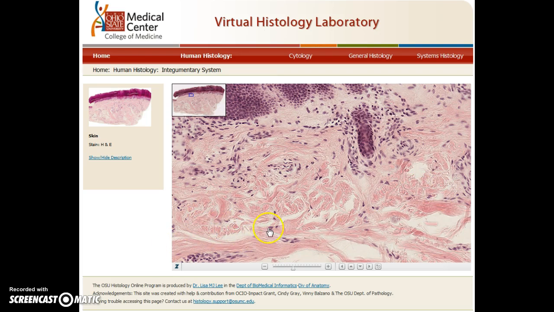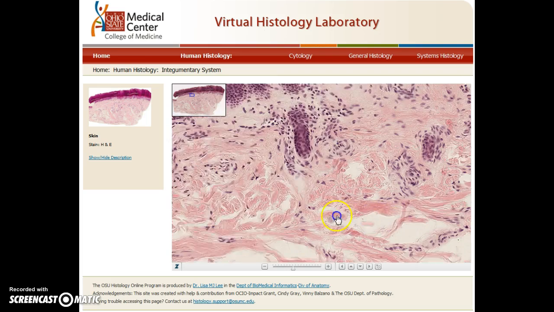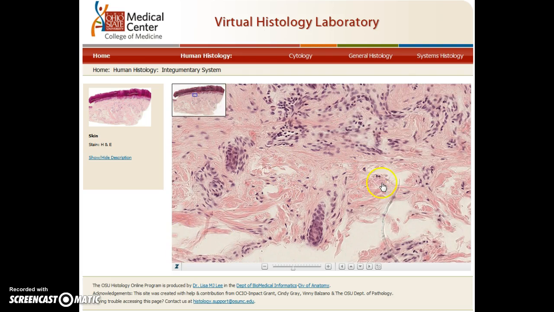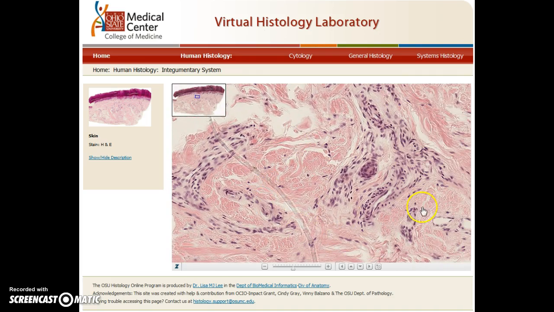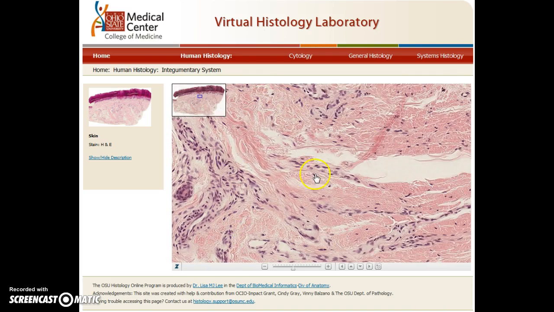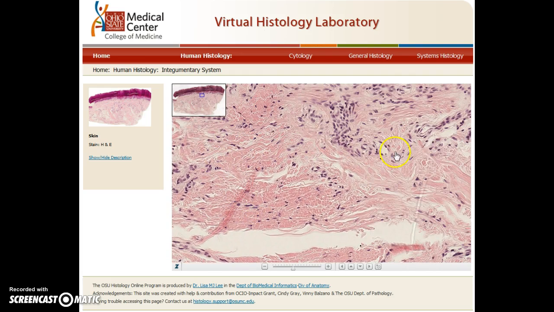This is a dense connective tissue, but it's dense irregular because the collagen fibers are just arranged any which way, it looks like. And so that we can see throughout much of this slide. Here is the dense irregular connective tissue, all of this pink. So we saw both adipose and dense irregular.